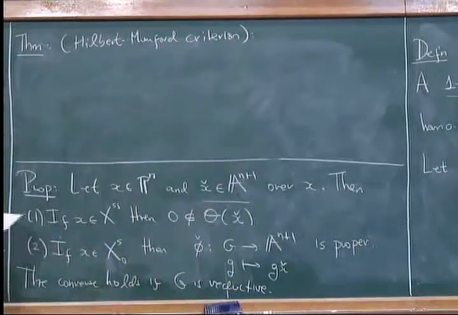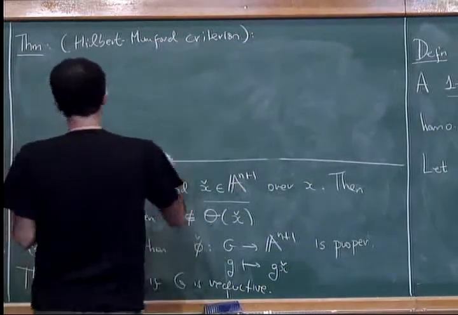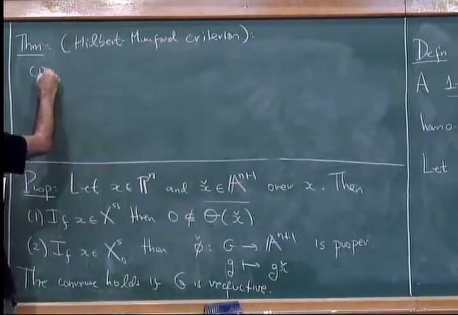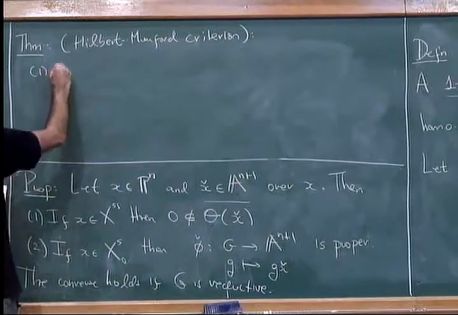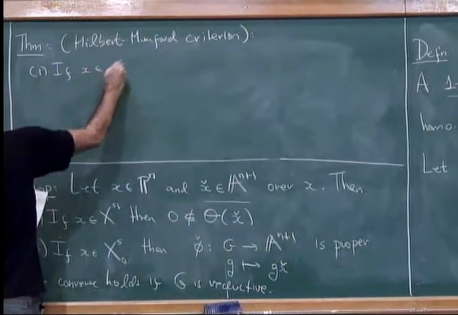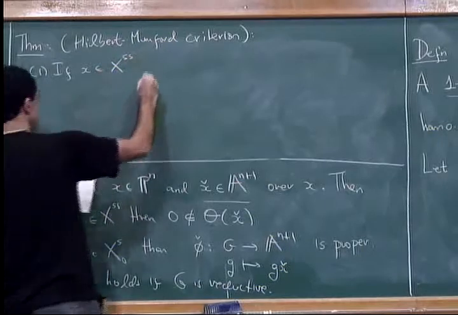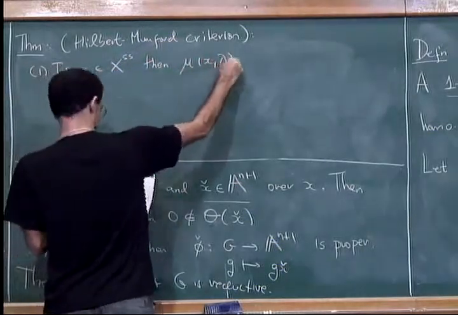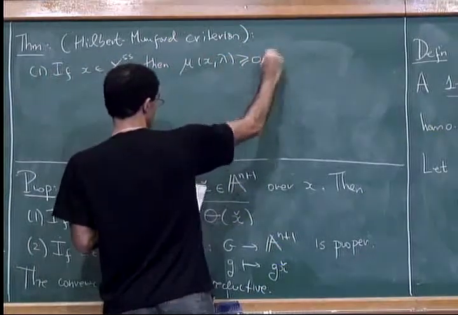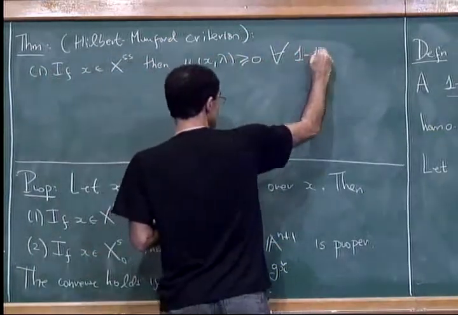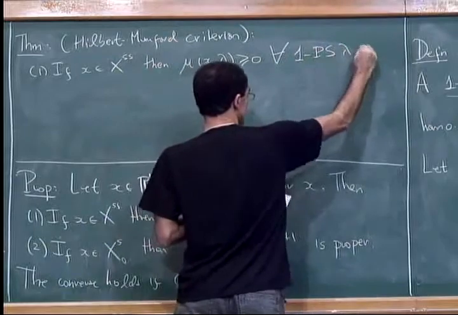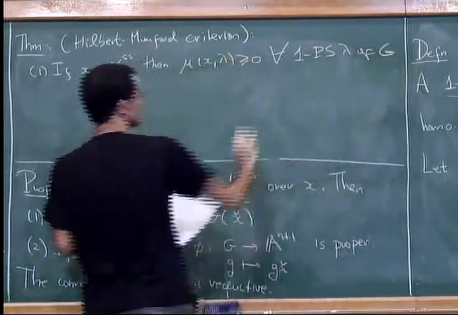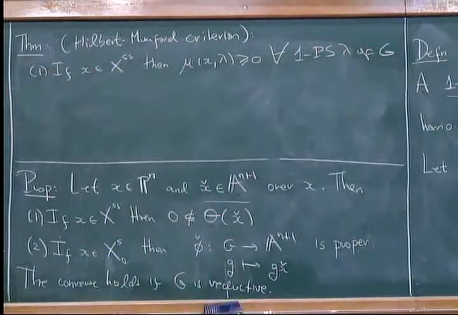So Hilbert knew that for the action of SL n, which is the following, similar to here: if x is semi-stable, then this mu is always non-negative for every one-parameter subgroup lambda of G. I'm going to use the shorter 1PS.